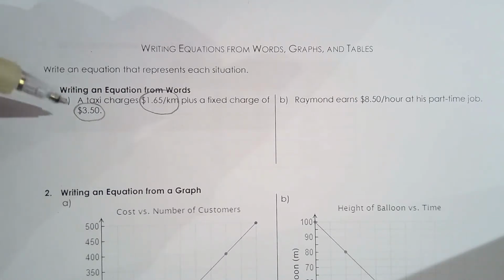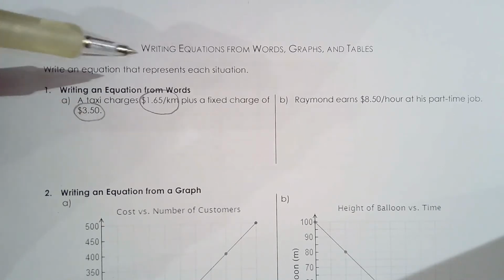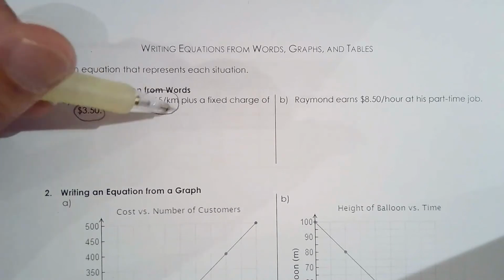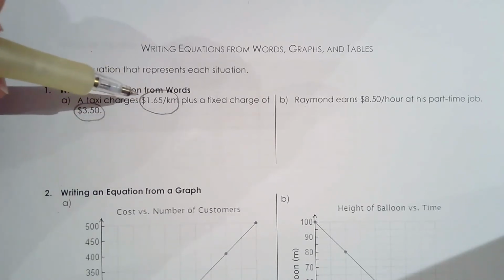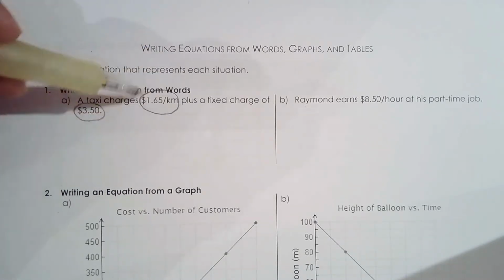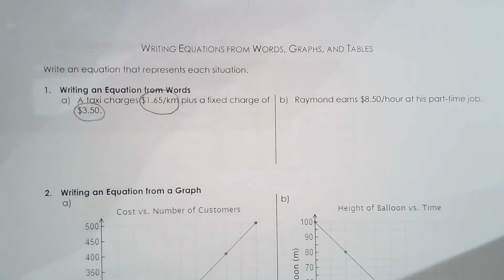Okay, so this $3.50 can't possibly be the rate of change, right? There's only one variable here. There's only dollars. We're only talking about one thing, $3.50. Whereas the $1.65 per kilometer, that's a rate of change. You're charged an additional $1.65 per kilometer traveled. It screams out rate of change.